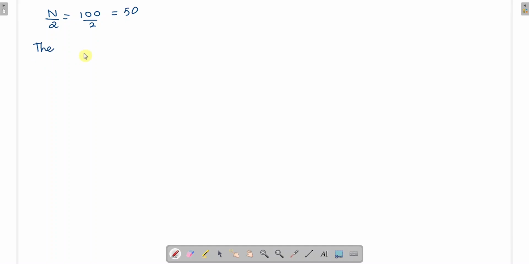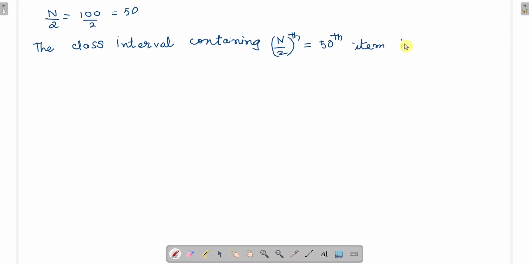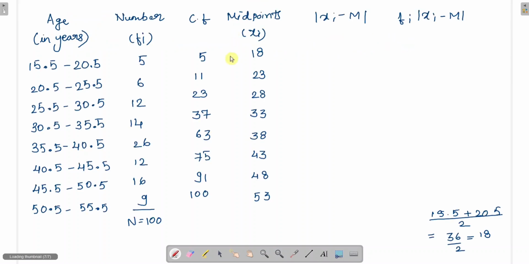So the class interval containing n by 2th, that is 50th item, is, so you can see that 50 is between 37 and 63.